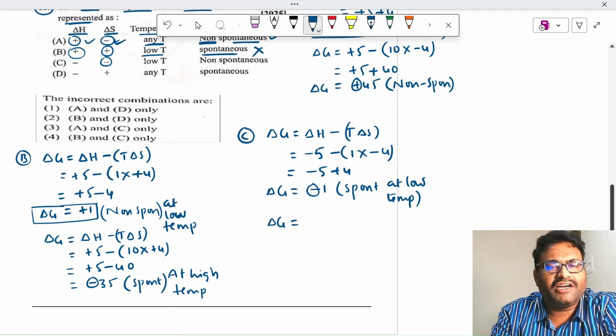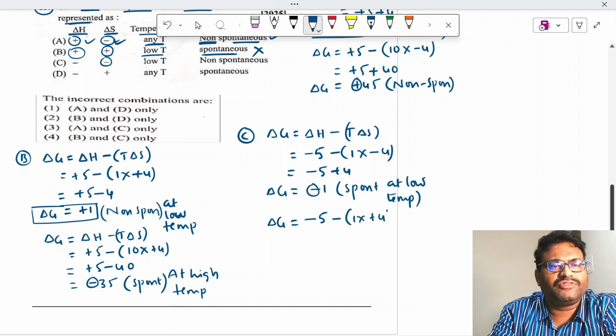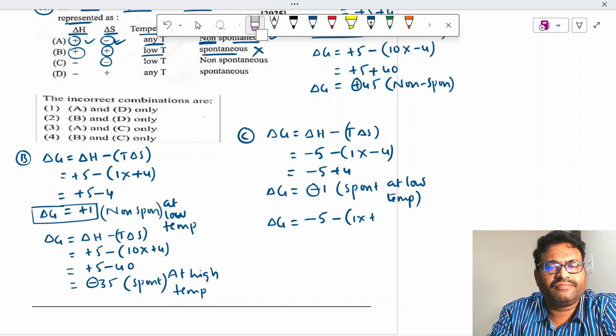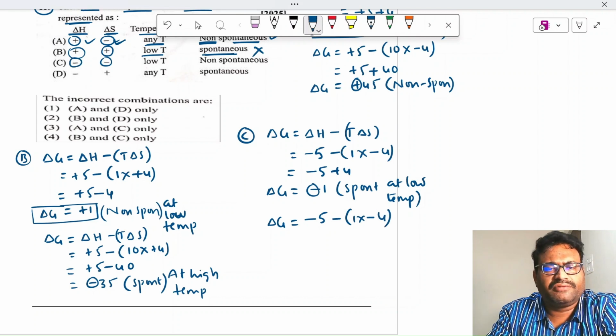What about at a high temperature? Let us see. Delta G is equal to minus 5 minus of 1 into plus 4. See, the same condition, no? Which condition? Third option, third condition. So minus 4, right?